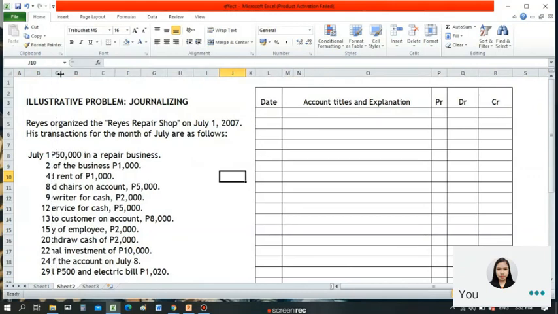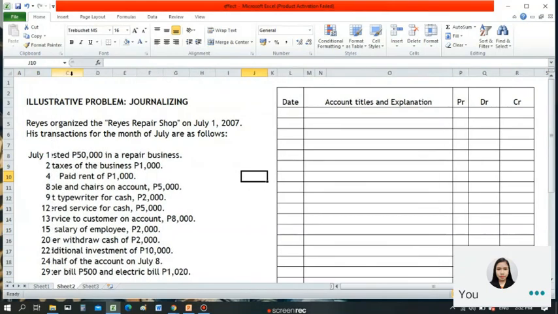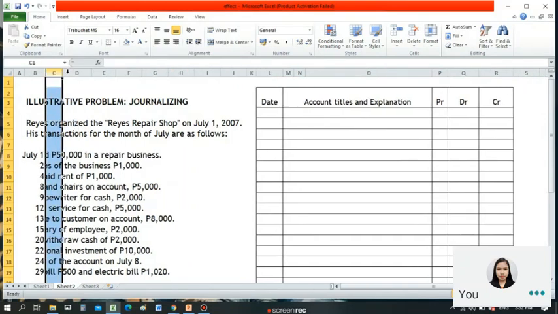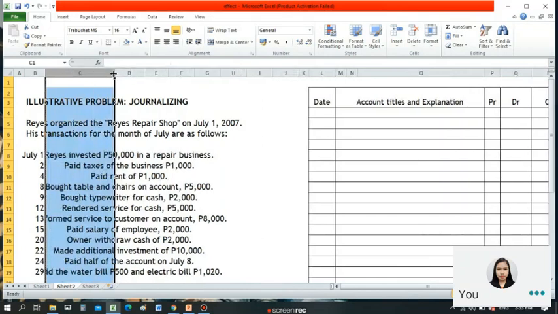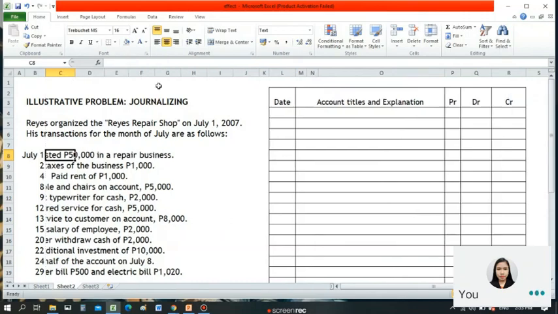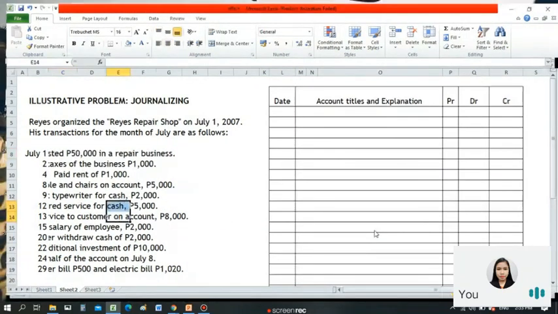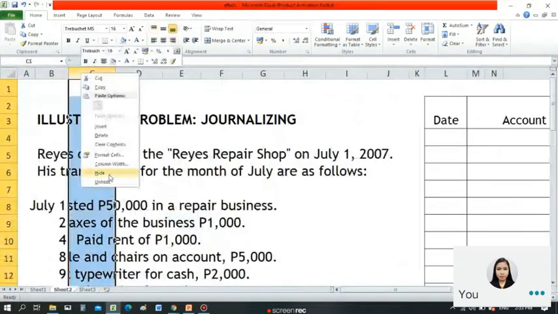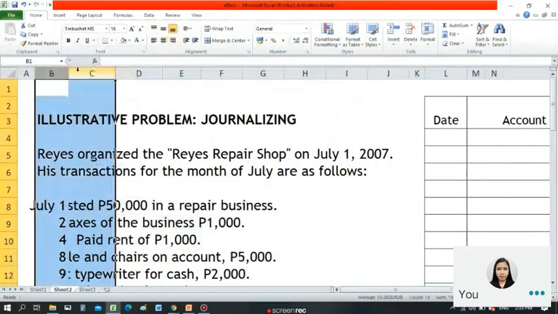What happened? Ay, naka-center. What happened? Wait.